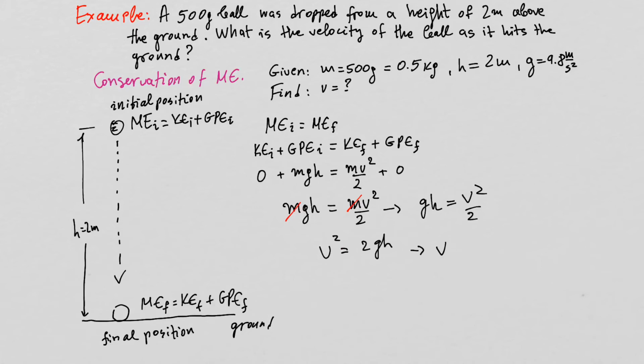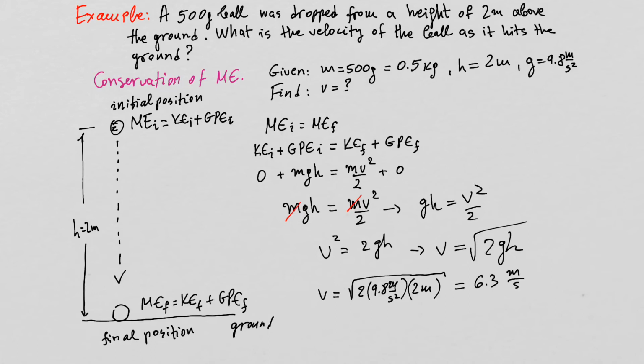And from here, finally, v is equal to the square root of 2 times gh. Now I can substitute the values that I know, actually, I don't need the mass, for the height and gravitational acceleration. That gives me v is equal to the square root of 2 times 9.8 meters per second squared times 2 meters. And the result of this is 6.3 meters per second.